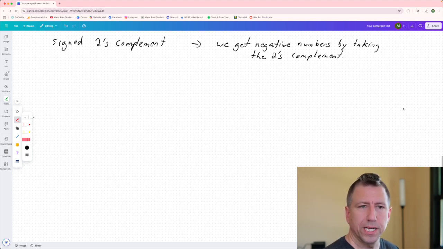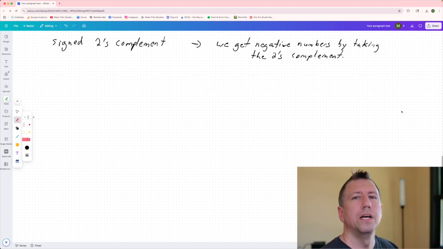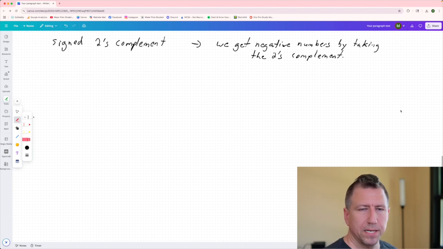If I take the 2's complement of a negative number, I will get the positive number that has the same magnitude. And if I take the 2's complement of a positive number, I will get the negative number that has the same magnitude. Now, the magnitude doesn't look the same in the binary number because this is not signed magnitude, this is 2's complement, so they're going to look different from each other.